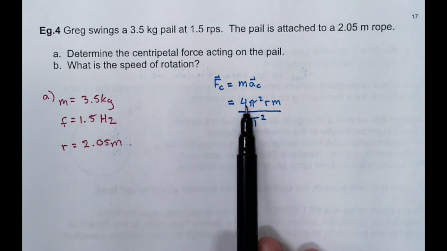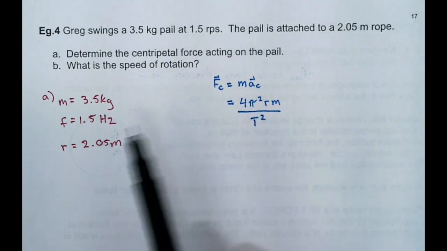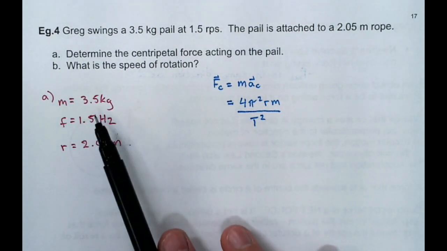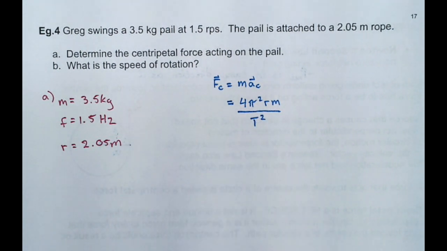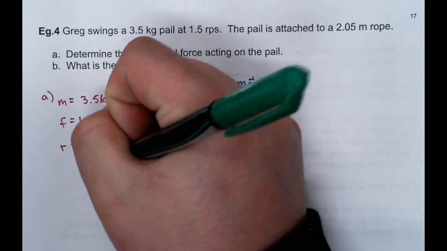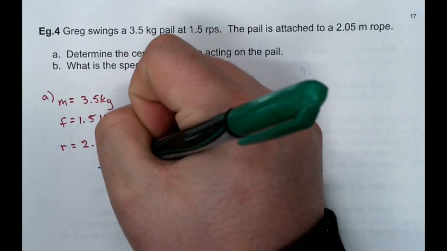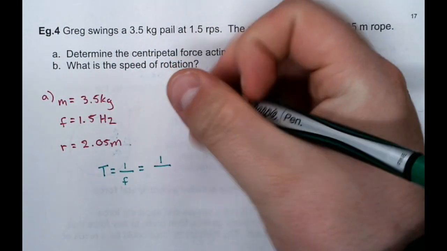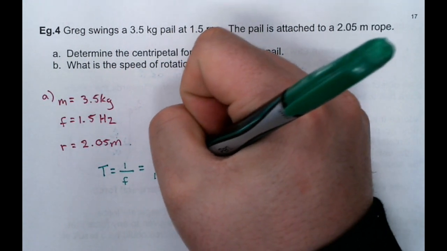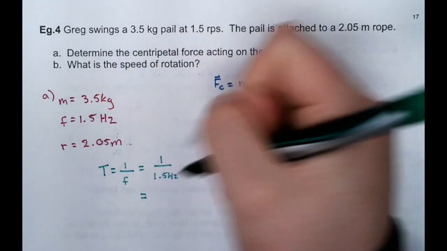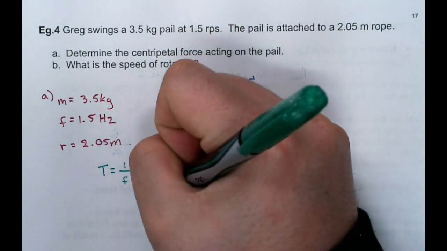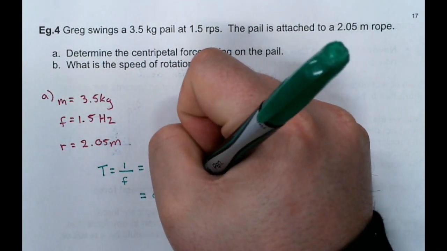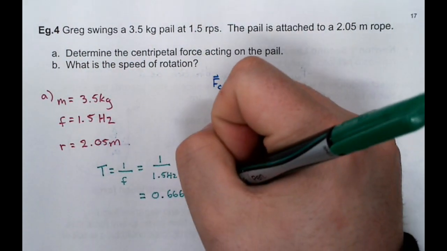So good, we know 4, we know pi, we know the radius, we know the mass, but we don't yet know the period. We can find the period using the frequency. Using the formula, the period is equal to 1 over the frequency. So that's 1 over 1.5 hertz. So our period is 0.66 repeated seconds.